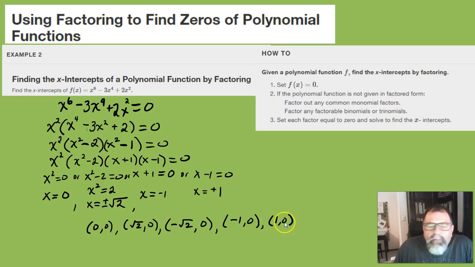So we got 5 x-intercepts. Remember, this is degree 6, so we could have gotten up to 6 x-intercepts. We only got 5. That's because this 0 has a multiplicity of 2, so it's 1 x-intercept, but in the factors we had 2 factors for that x-intercept, because x squared is x times x.